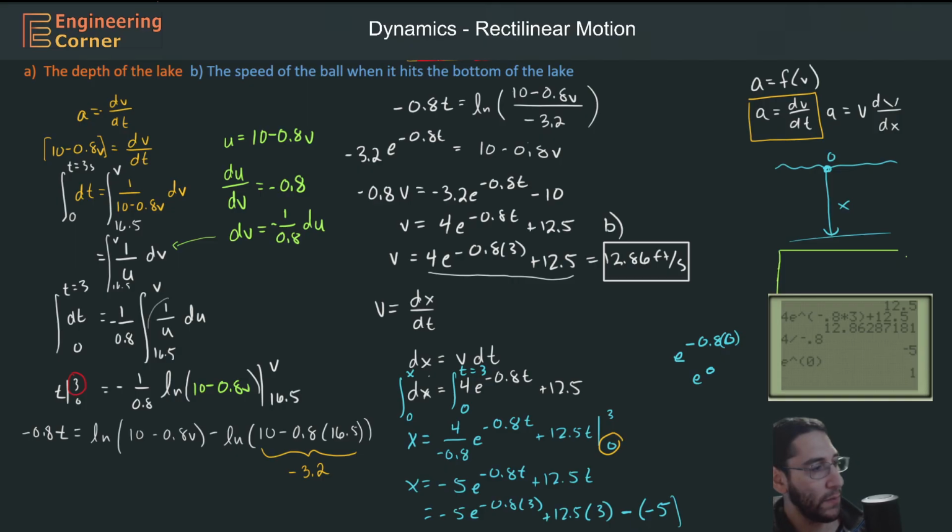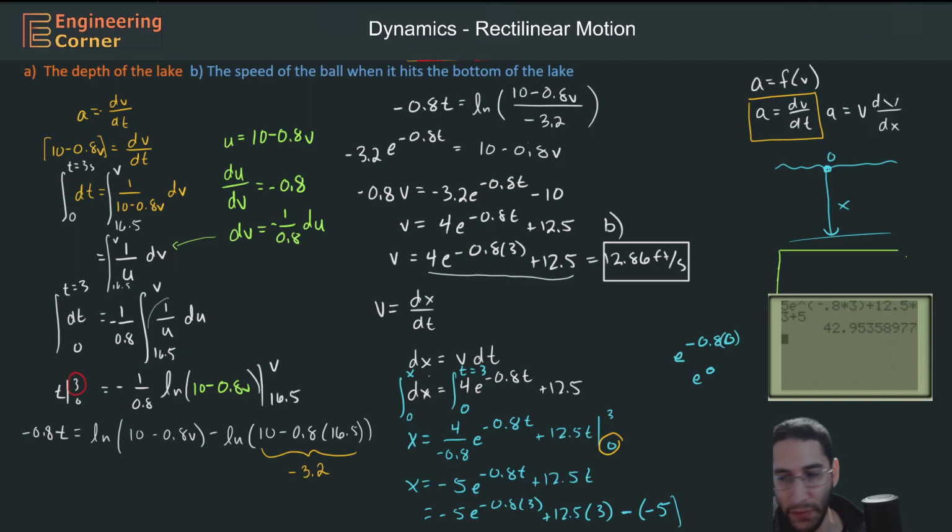Okay, so we can just put that in our calculator. 5 times minus 0.8 times 3 plus 12.5 times 3 plus 5.